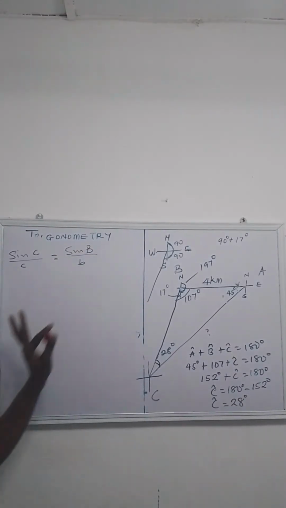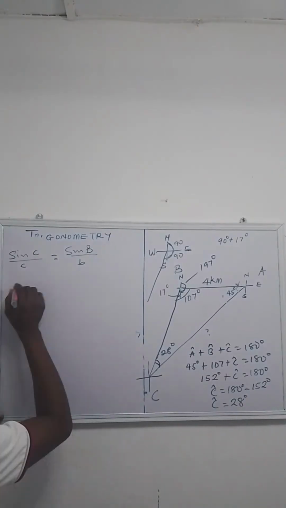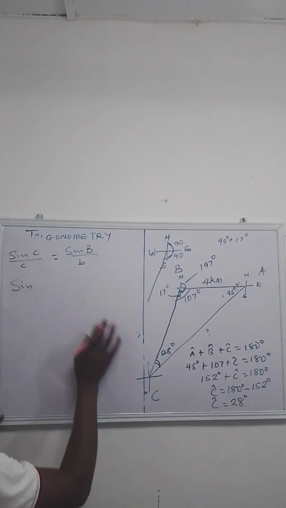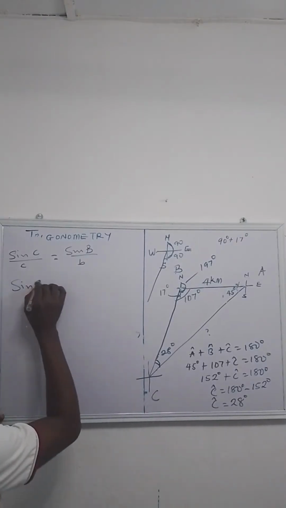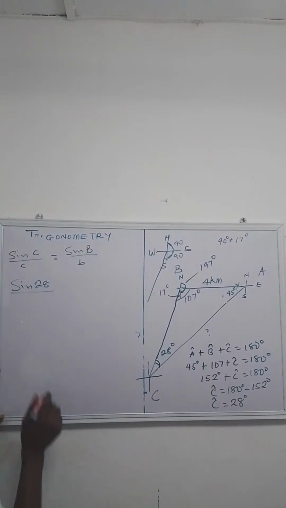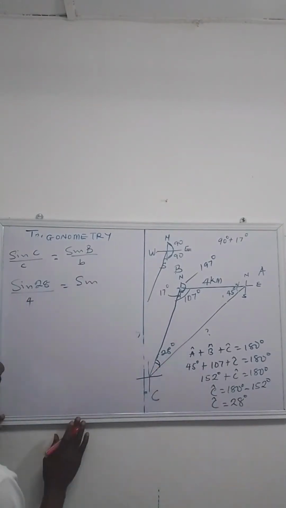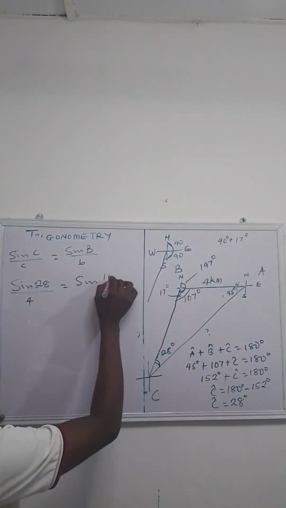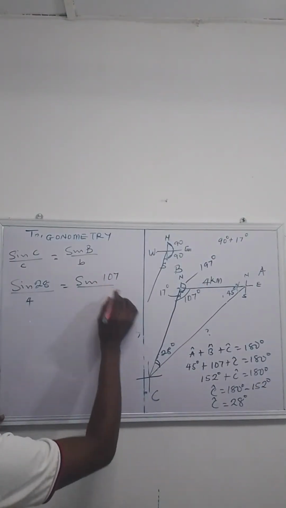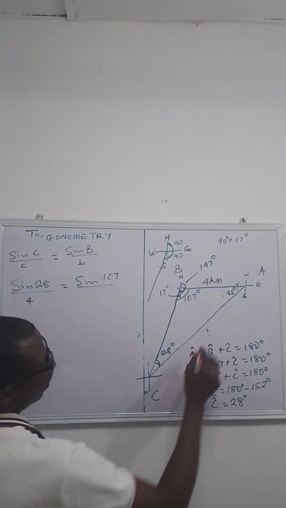Now let's plug in the values. We have sine C. What is angle C? Angle C is 28, over small c. Side C is 4, equals sine B. What is angle B? Angle B is 107, over side B, let's call it small b.